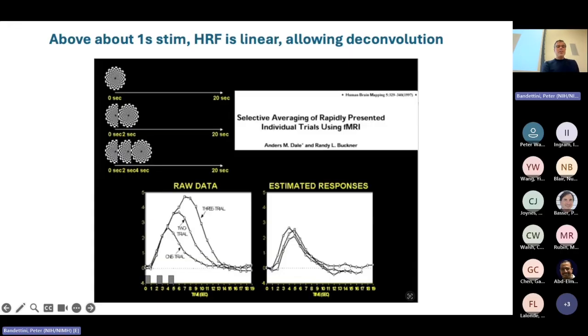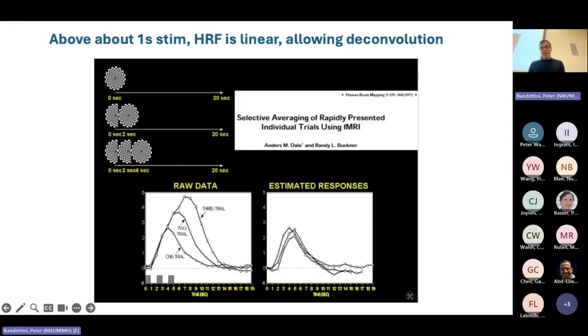So basically showing a flashing checkerboard and then showing 2 flashing checkerboards, spaced about a second apart, and then 3. And the question was, from this composite response with the 3 flashing checkerboards, can you subtract out the combination of the 2 or the 1 to get back your original hemodynamic response? And that's another test for linearity in some sense. And they were able to get it back just fine.